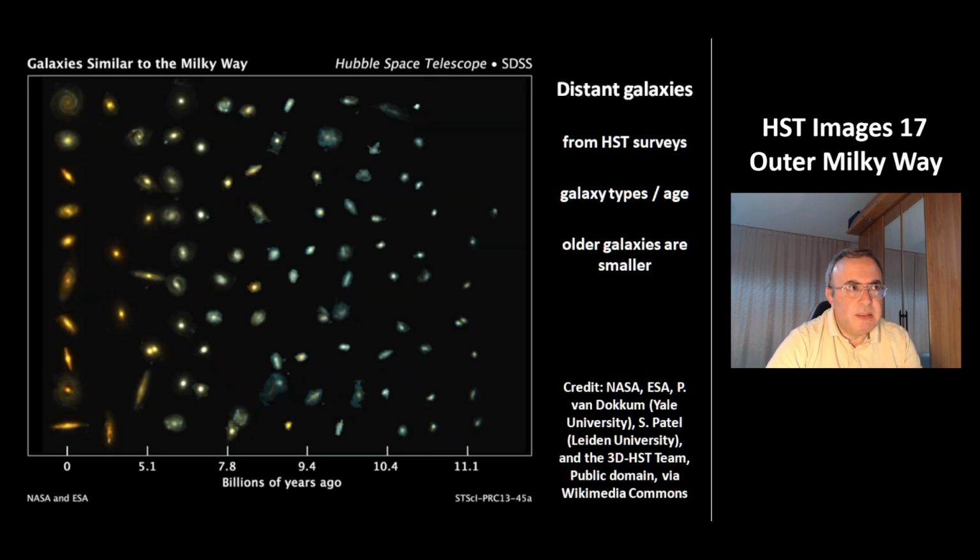This is a nice collection of pictures taken from the Hubble Space Telescope surveys of all the types of galaxies. On the y-axis you have the types of galaxies, and on the x-axis, the age of the galaxies. And you can see the oldest galaxies at the right are also the smallest galaxies.